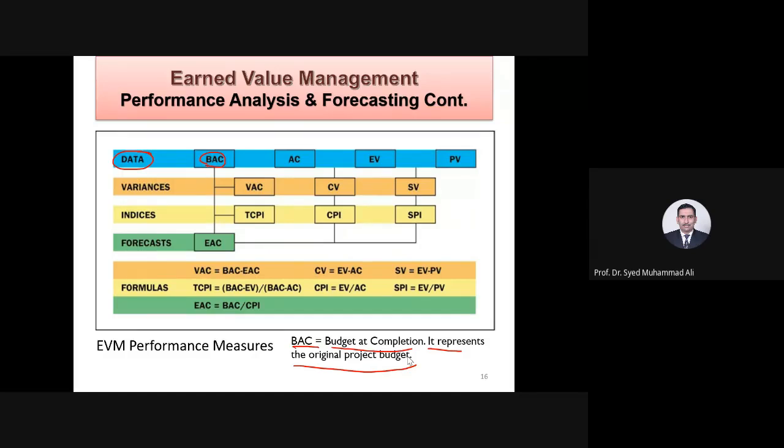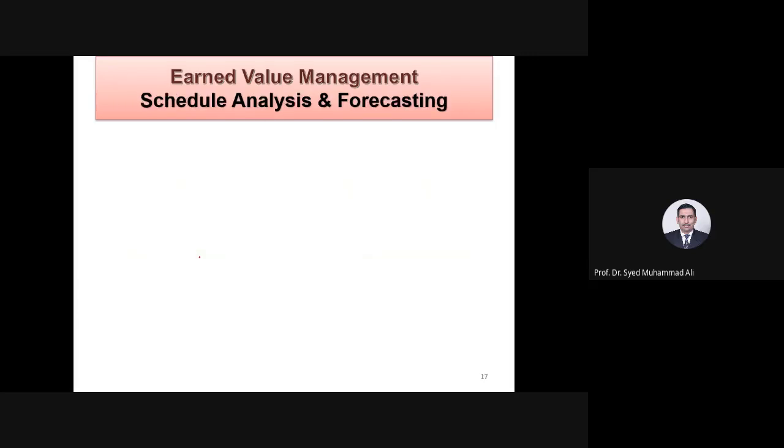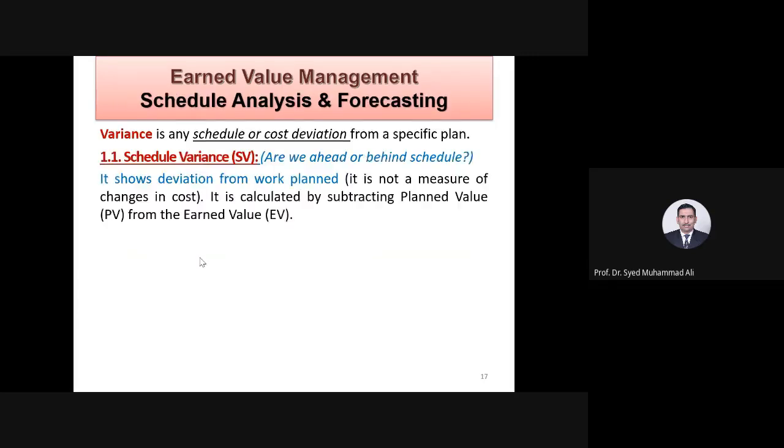I just explained. Then you calculate the variances. Then you calculate the indices. And then you calculate the forecast. And these are the formulas. So what I would want is, I will just go through these formulas very quickly to give you an idea. And then after certain slides, there are some solved problems.